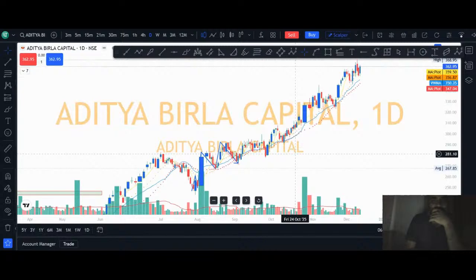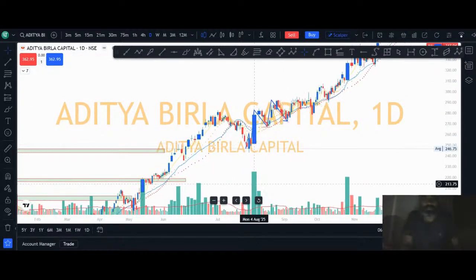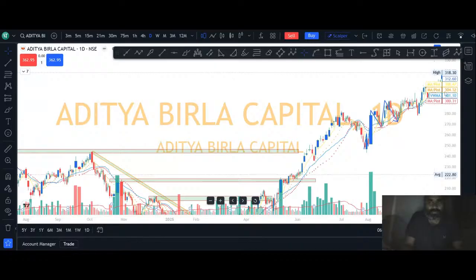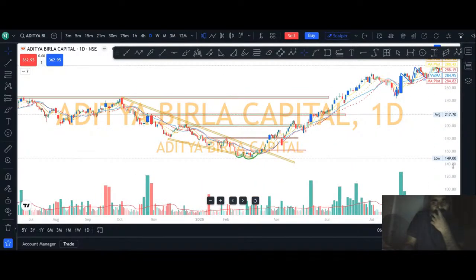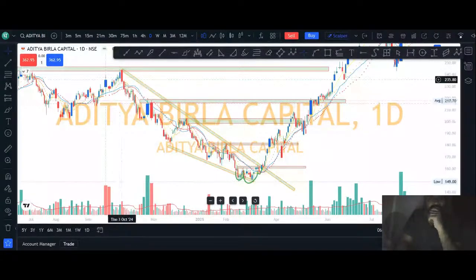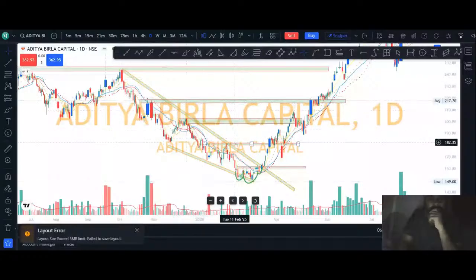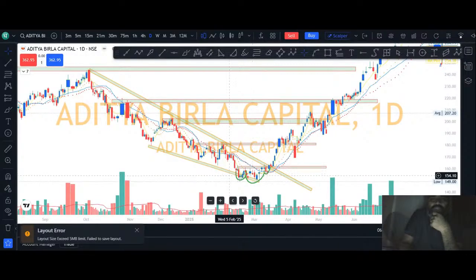Okay, this is an example of Aditya Birla Capital. See, the price is making lower top, lower bottom, and thereafter the price went sideways, a consolidation, not a head and shoulder pattern.